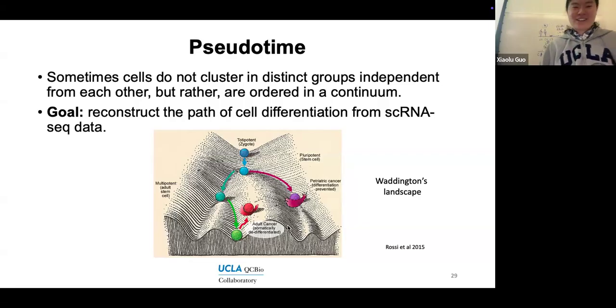Yeah, great. So this is a Waddington landscape, and it helps us visualize how we can think of this as an energy landscape.